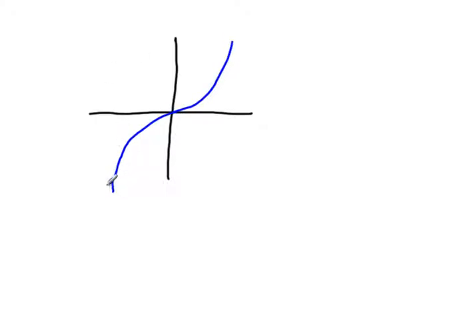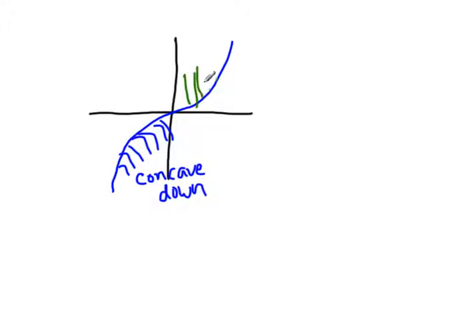The easiest way is if the graph cups down and the water would spill out, this is going to be concave down. And right here, if you could hold water in it, it's cupped, so that's going to be concave up. That's the basic intuition we could work with, but we're going to come into some exact definitions.